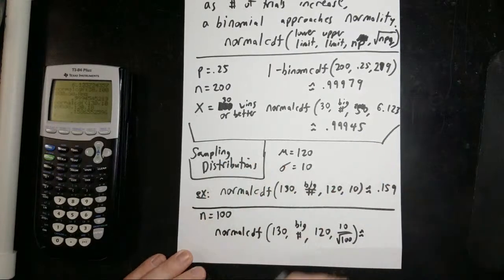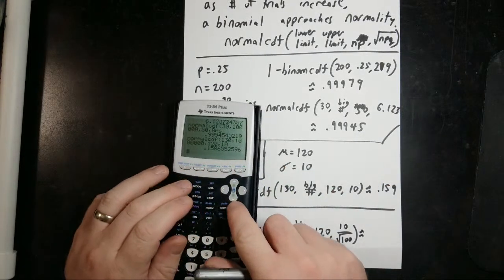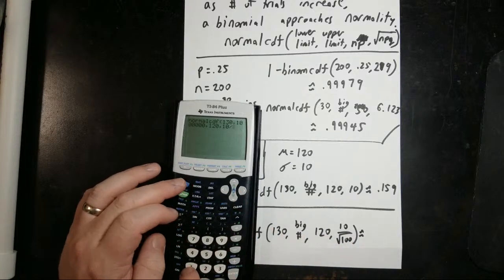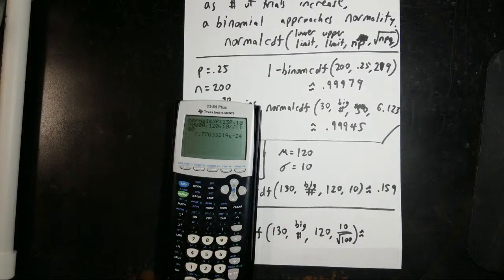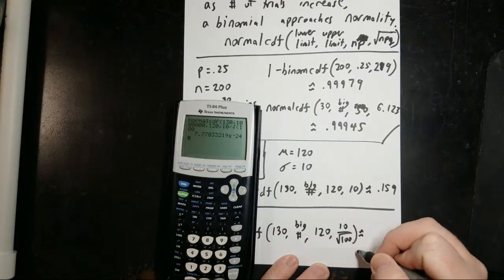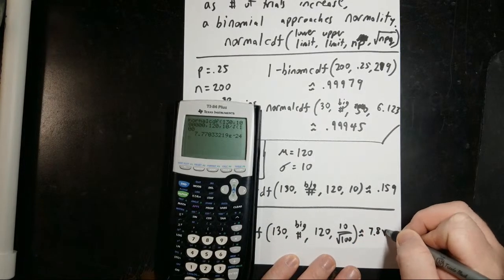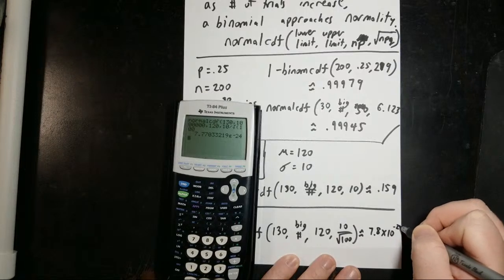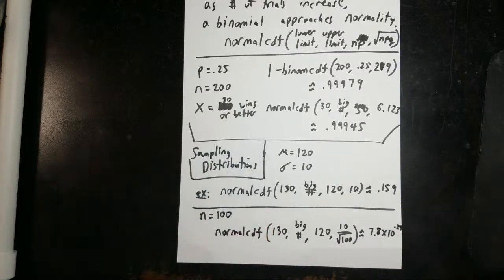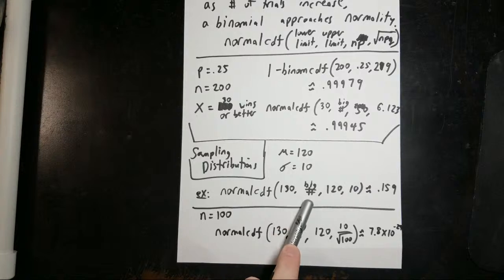And it should separate these two. So if I was to do this calculation again, but instead dividing by the square root of 100, that gives me a tiny number, 7.8 times 10 to the negative 24th power, which is approximately 0. The idea being that if I'm just looking at one person being 130 or more, the chances of that happening are almost 16%.